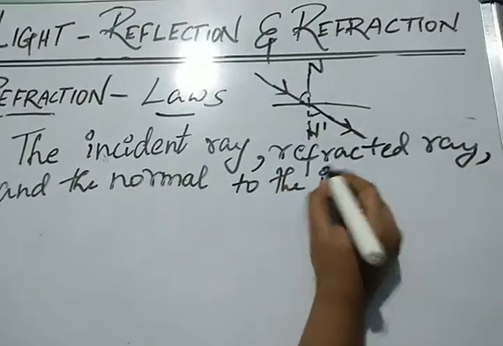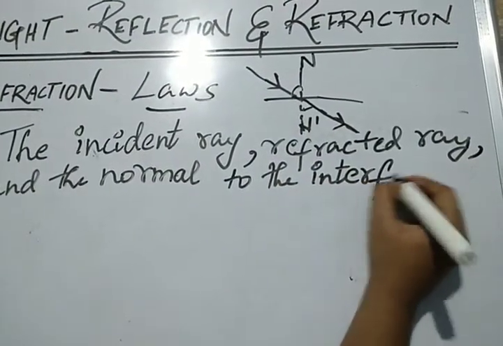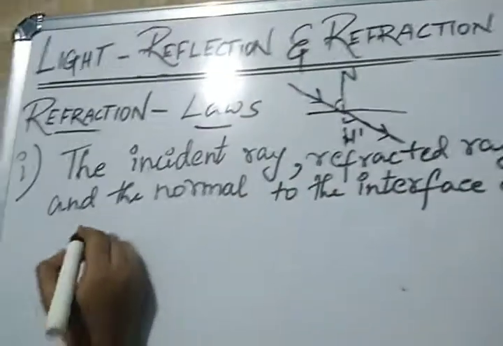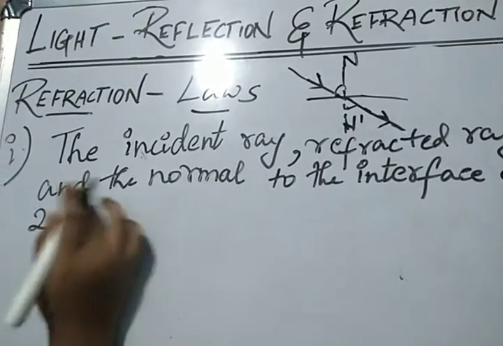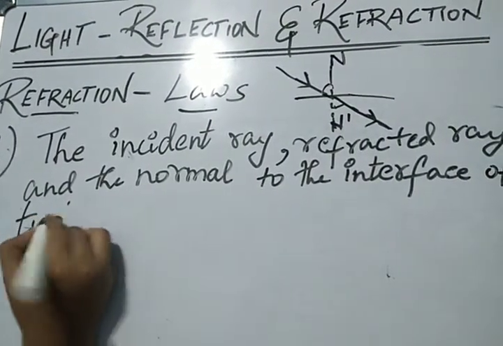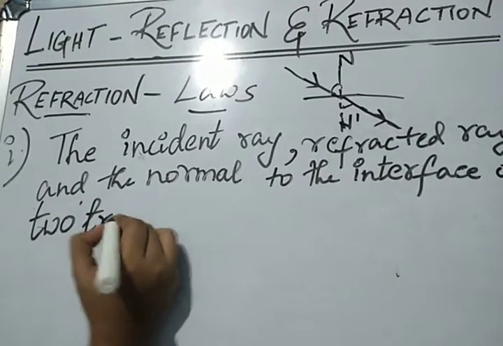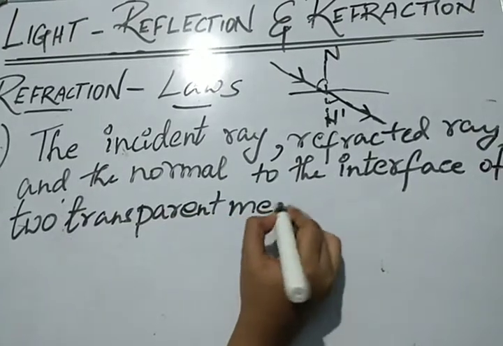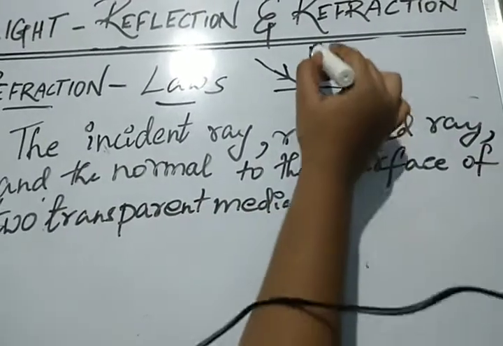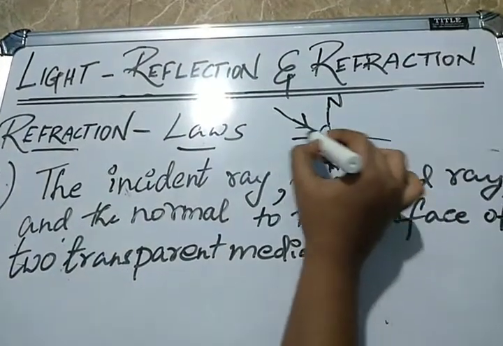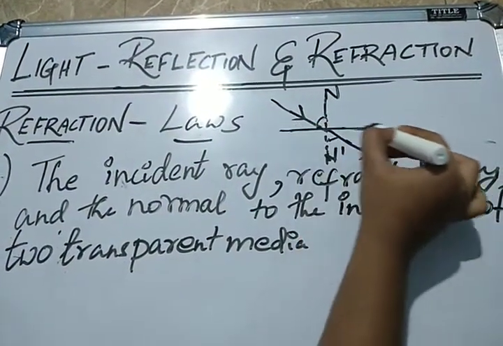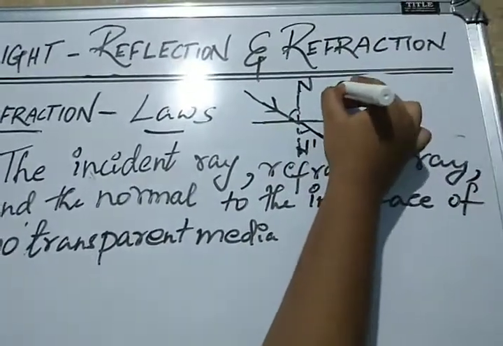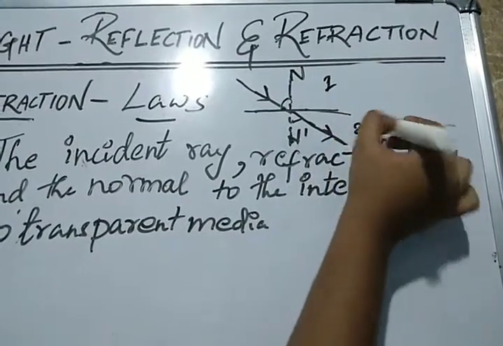The interface of two transparent media. This normal is perpendicular to the interface of two transparent media. This is medium 1 and this is medium 2.